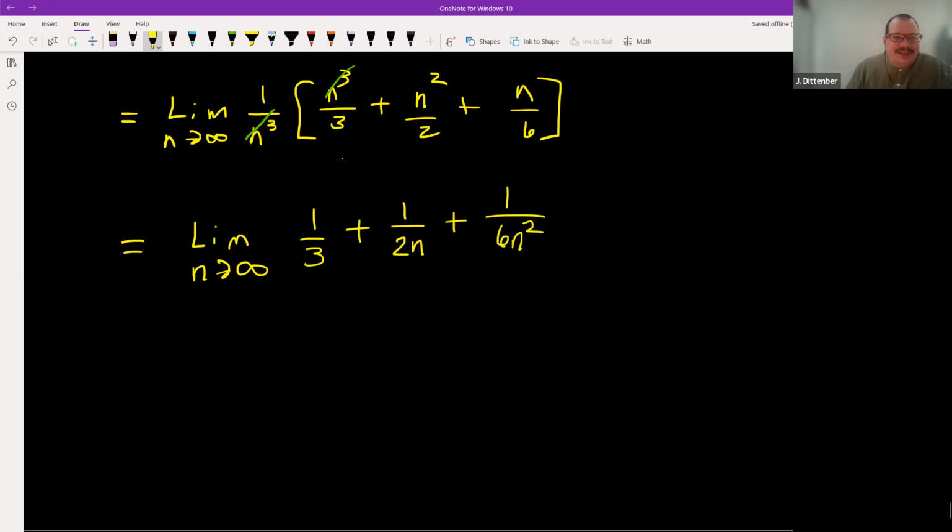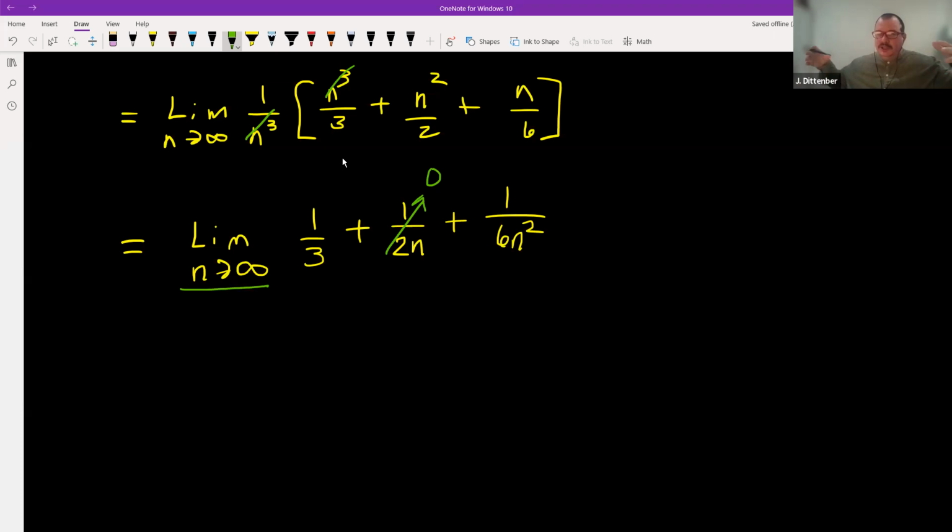Now, as n goes to infinity, as n gets very large, we're dividing 1 by an increasingly larger number. So as n goes to infinity, this term is going to 0. 1 divided by a number that's getting infinitely large is infinitely close to 0. And the same with this term, also 0.